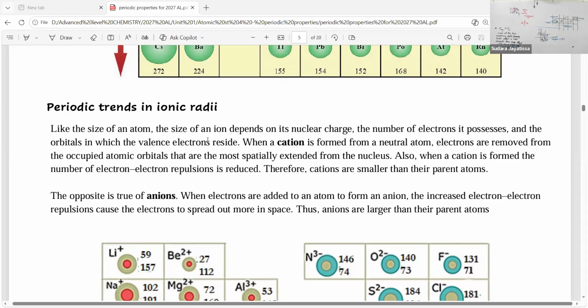This factor doesn't affect the across-the-period atomic radius variation.